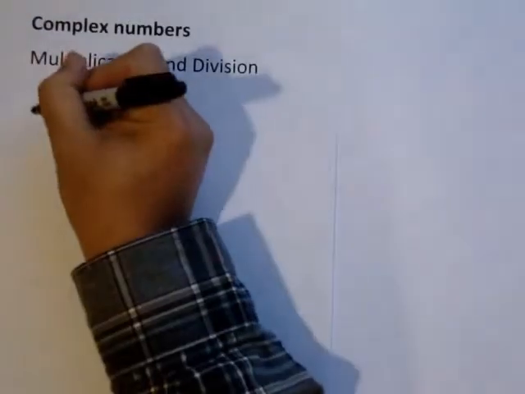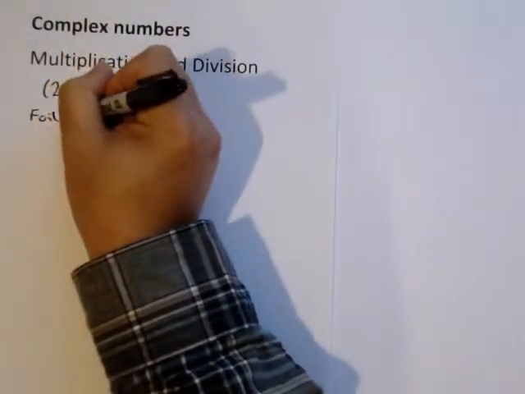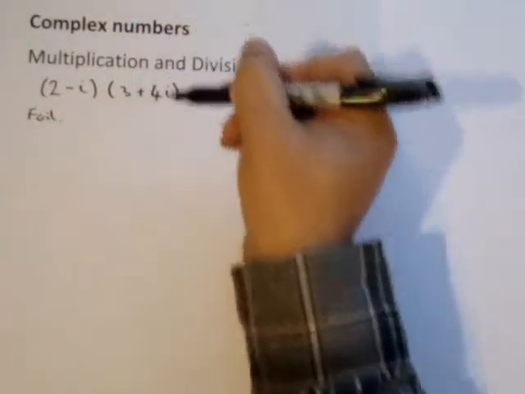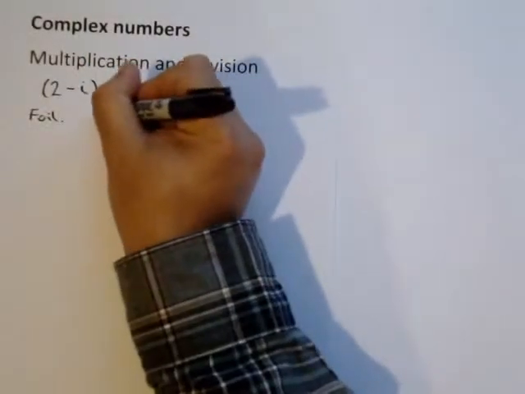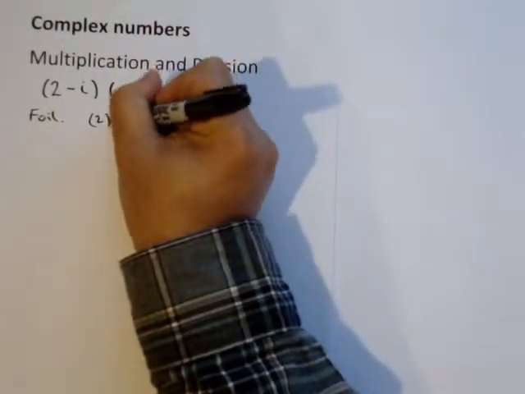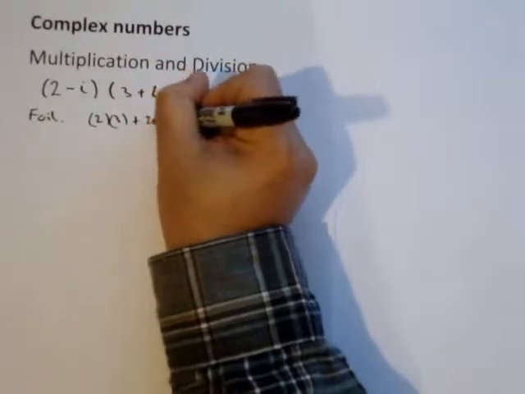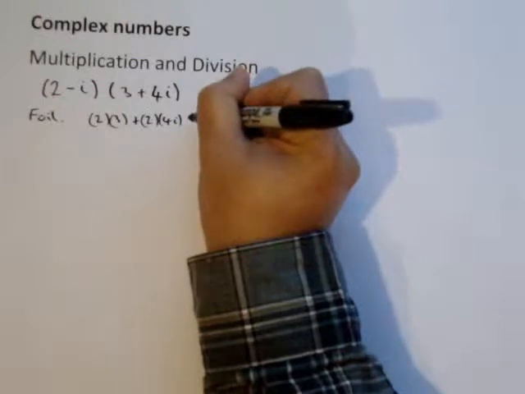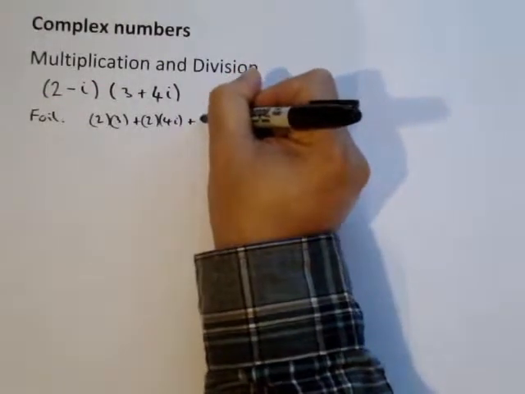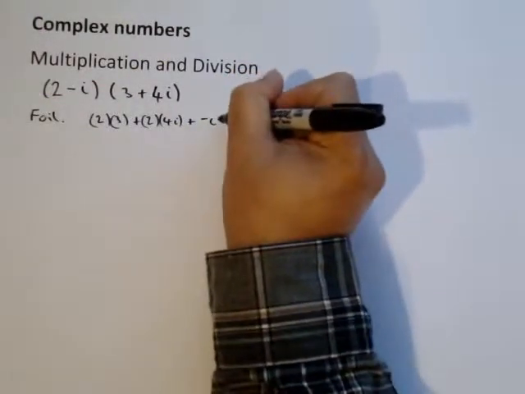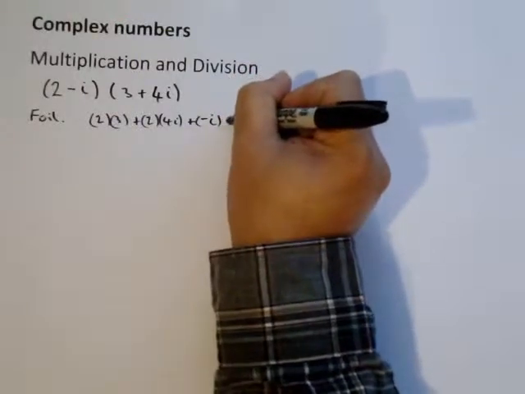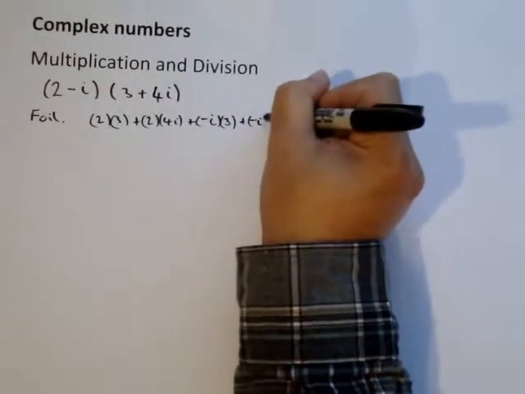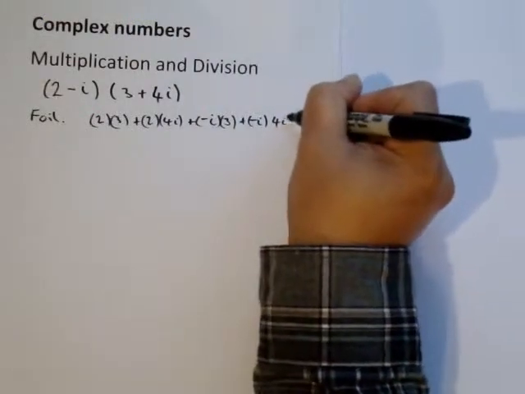So when we FOIL this out using our FOIL method, 2 times 3, 2 times 4i, so we get 2 multiplied by 3 plus 2 multiplied by 4i plus minus i multiplied by 3 plus minus i multiplied by 4i.